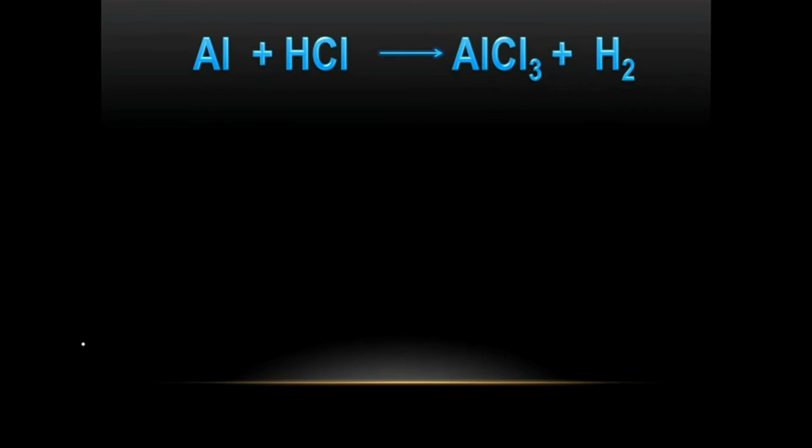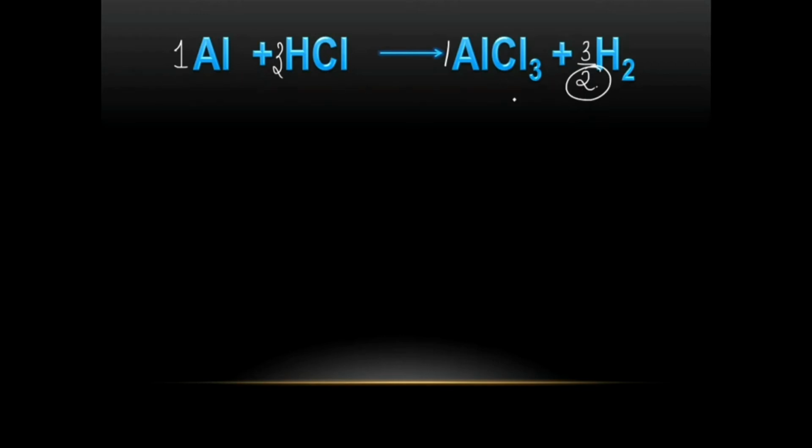Let's substitute the values. Here we got A is 1, B is 3, C is 1, D here is 3 by 2. Okay, this 2 is our problem, so we don't want this denominator, so we will multiply throughout by 2.